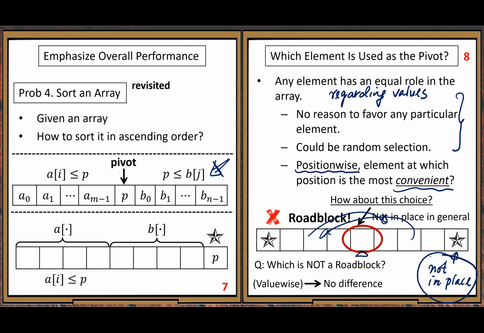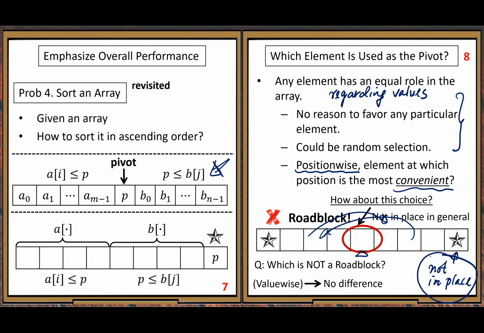We require all the values in the A subarray to be less than or equal to P, and all the element values in the B subarray to be greater than or equal to P. So that's the end state of our part.